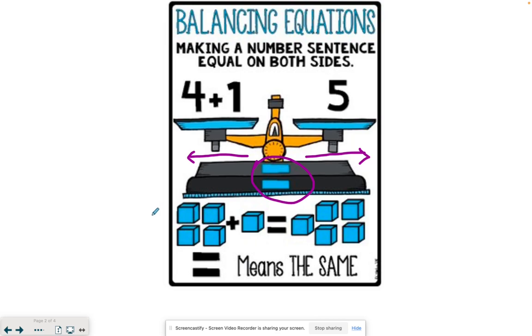Now, for our basic addition and subtraction type problems, we usually see this as an equation on one side, like 4 plus 1, and then the answer on the other side, 4 plus 1 would equal 5. So a 4 plus a 1 is the same thing as just the number 5. So an equal sign just means that we need to have the same thing on both sides of the equal sign.